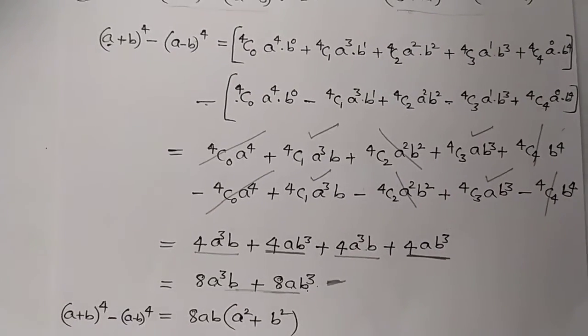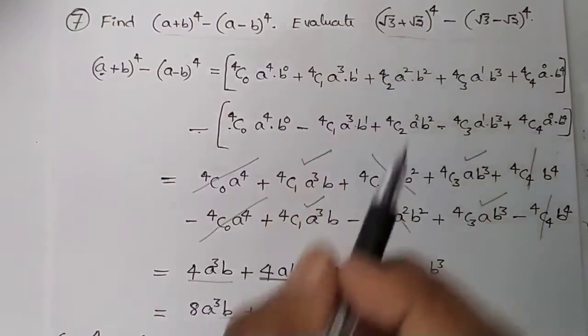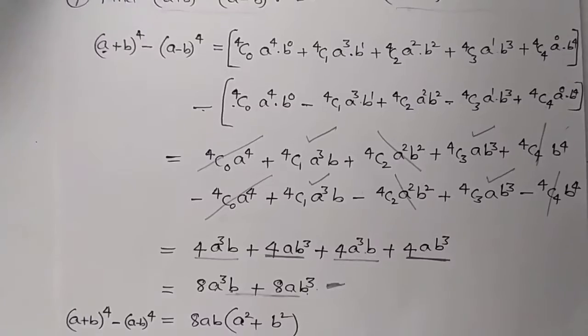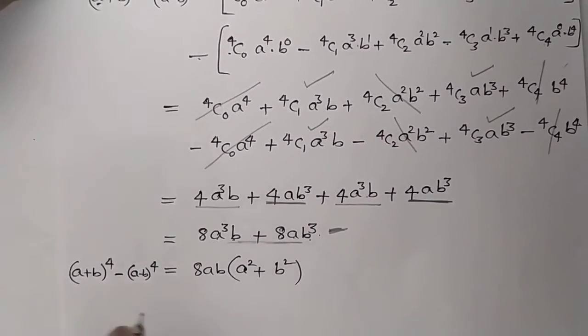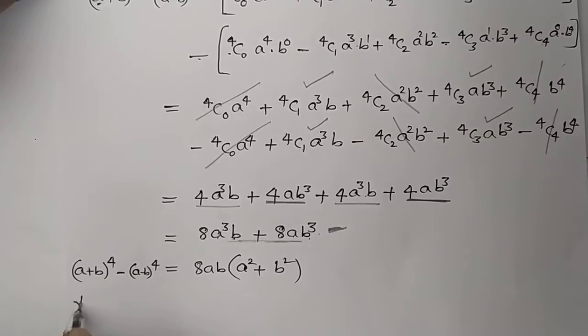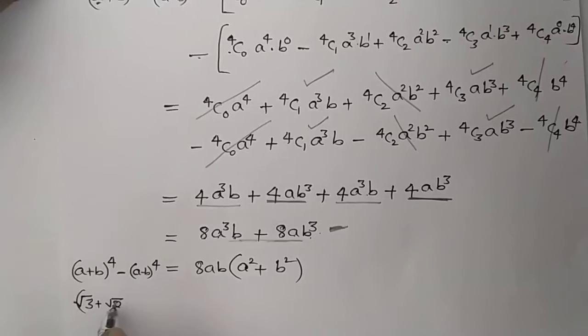Next, by using this result, we are going to find this question. How to find this? No need to expand again. We will just substitute in place of a with root 3, in place of b with root 2.